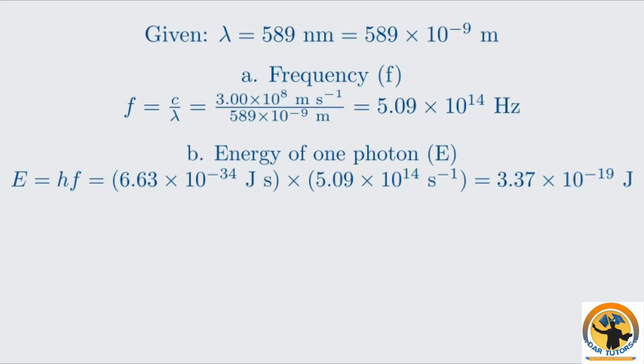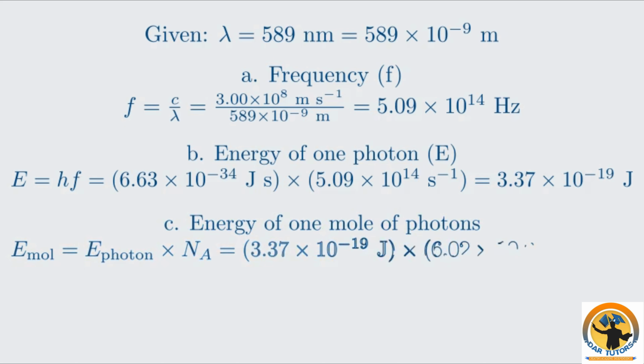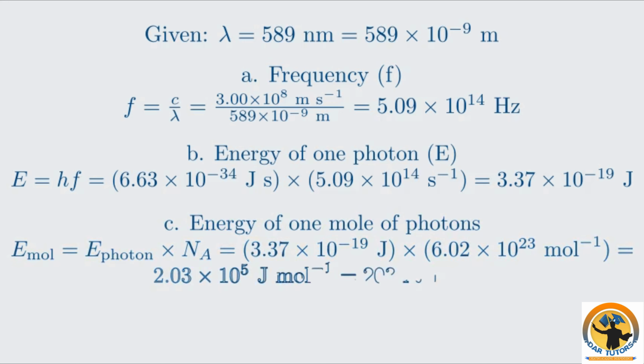Finally, let's calculate the energy carried by 1 mole of these photons. Remember, 1 mole is Avogadro's number of particles. So we multiply the energy of 1 photon by Avogadro's constant. This gives us approximately 2.03 times 10 to the power of 5 joules per mole, or 203 kilojoules per mole. This is a macroscopic energy value, more comparable to typical chemical bond energies.